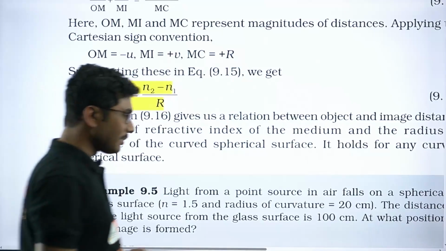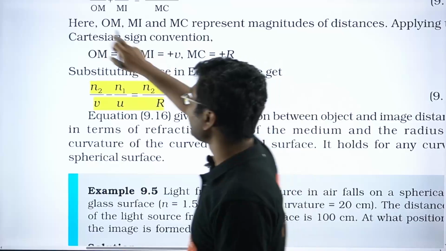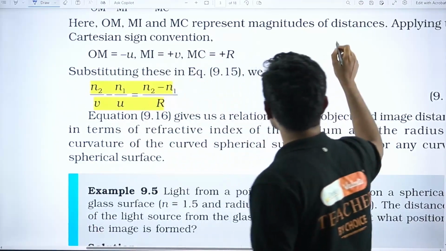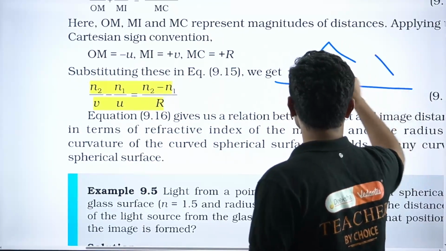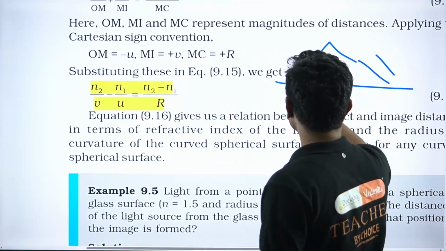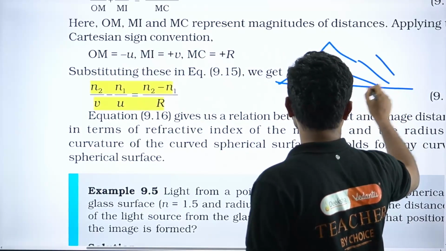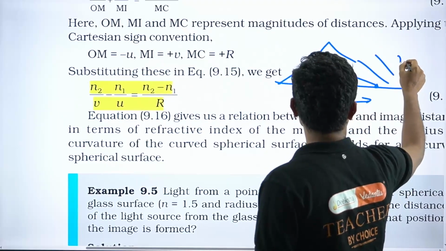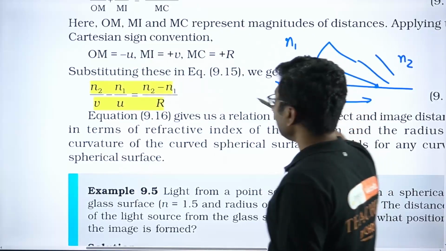So N2 by V means wherever V is, if you remember in the spherical surface, V was in the second medium, right? So we have seen that this is the spherical surface and V was in the second medium. This was our second medium, and there is an object which after refraction is falling here. So this was our V. So V is in the second medium, N2, and U was in our first medium, N1, right?